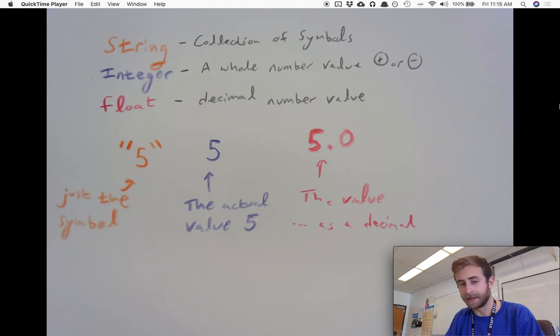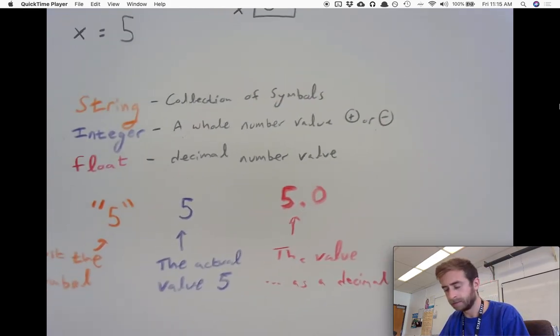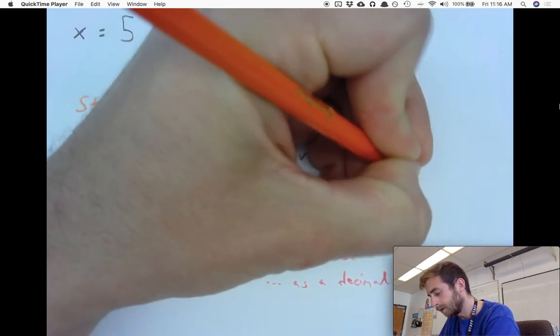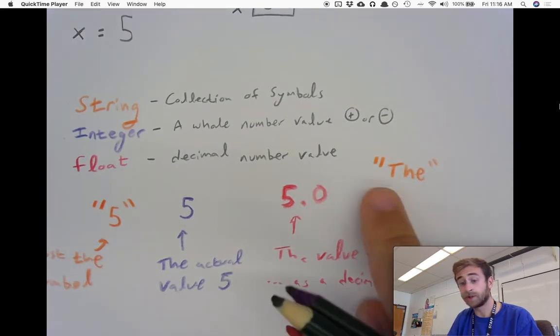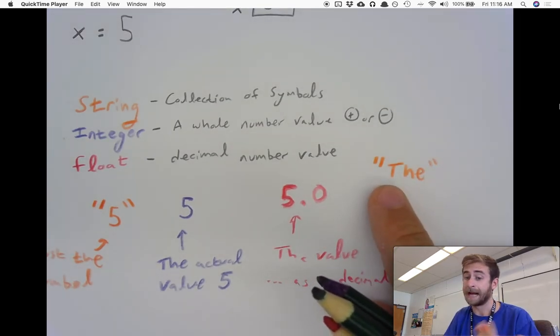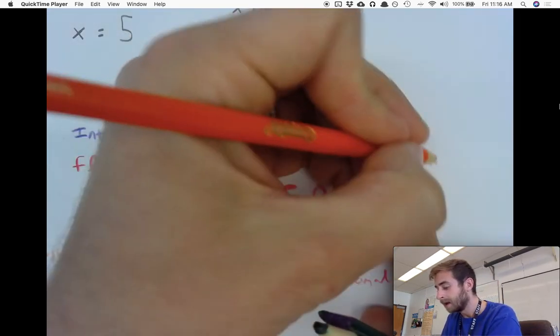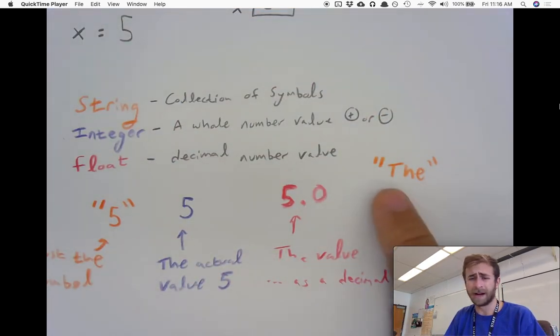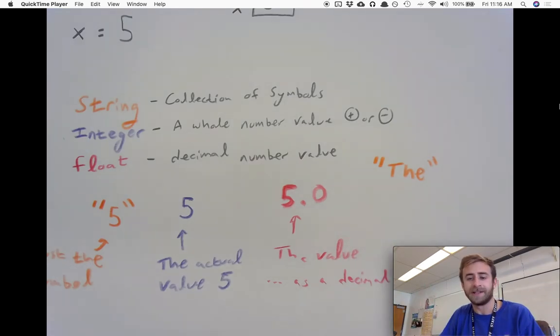But if I said something like maybe I want to store, in quotes, the. This is a string. It's a couple symbols, the symbol capital T and then H and then E. A string very happily is like, I got you. I don't care. You want these symbols? Here, I'll hold on to these symbols. Great. Computer's happy to do that.